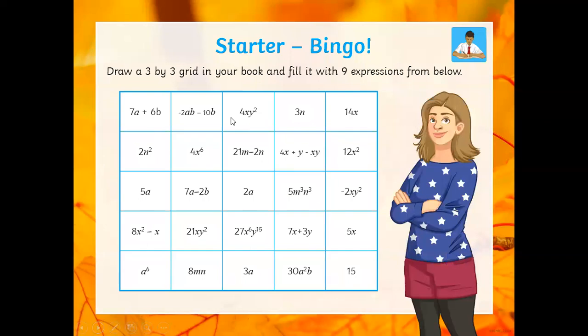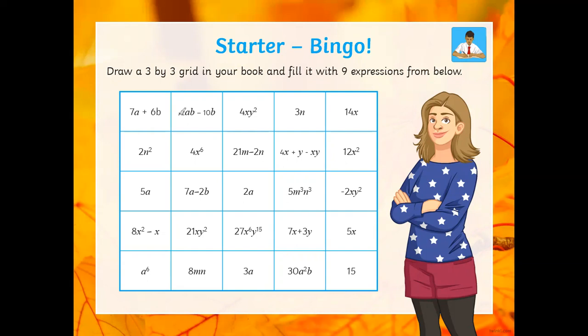This is a starter. Do you remember when you learned about terms? Draw a 3x3 grid in your book and fill it with 9 expressions from below. What is an expression? In case you have forgotten, let's do this. 7a plus 6b. Negative 2a minus 10b. 4xy squared. 3n. 14x. 2n squared.